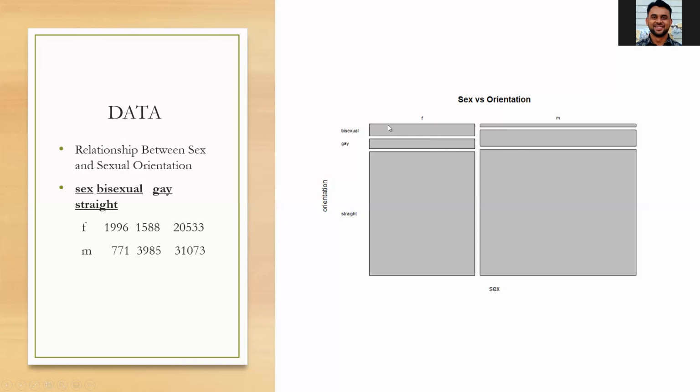There are more bisexual people on the female side than on the male side, right? So it's a nice, neat little diagram to see that the data we saw on the previous slide correlates with this information right here, because both straight groups in this graph combine to make up most of the population of OkCupid. All right.